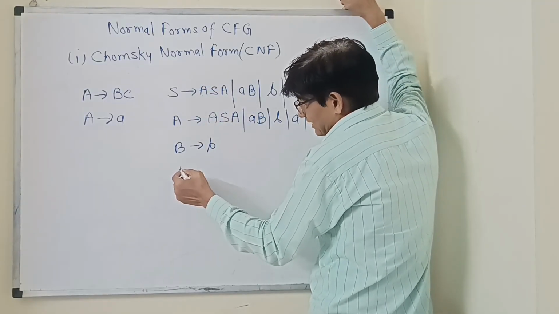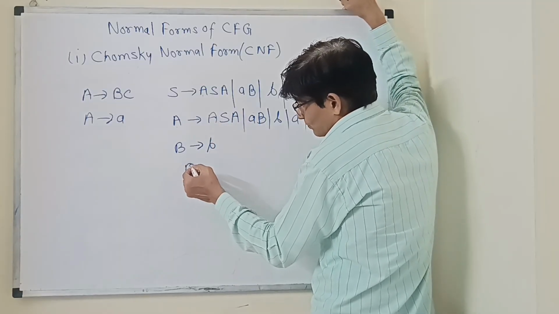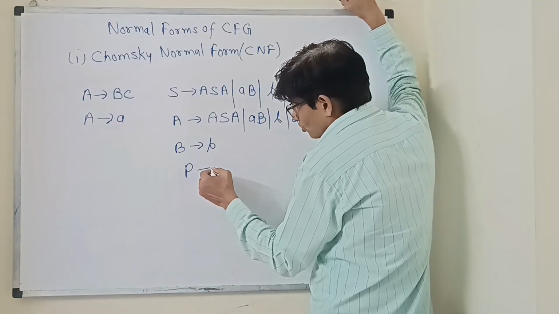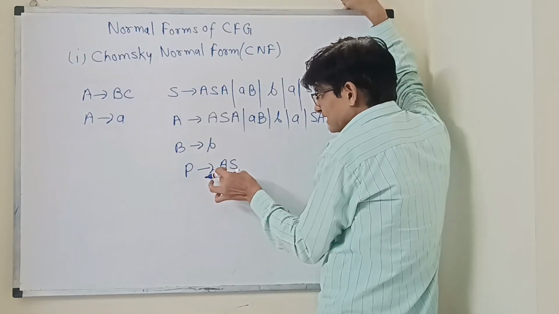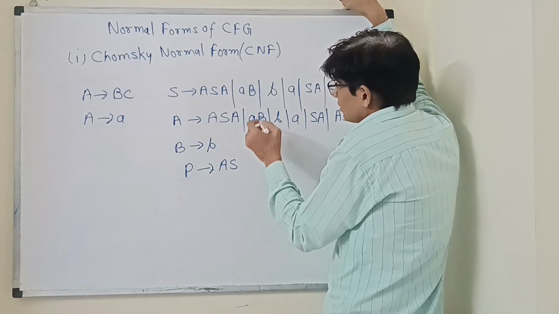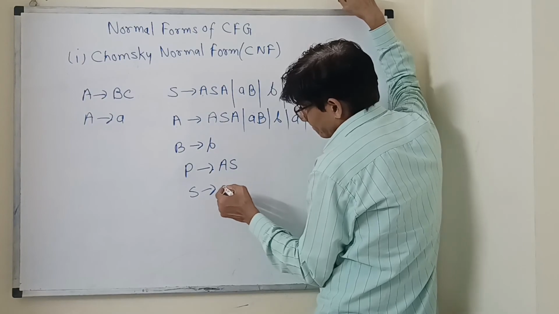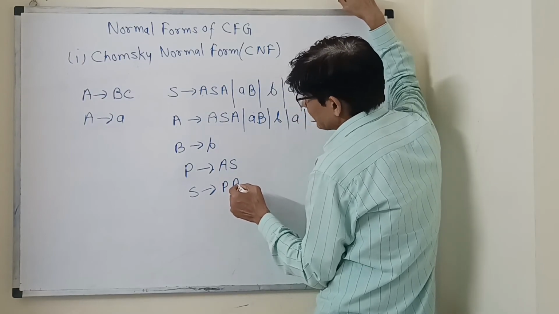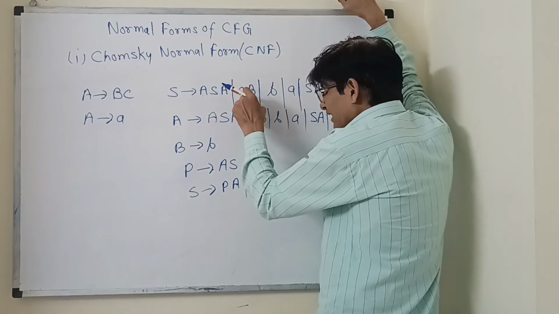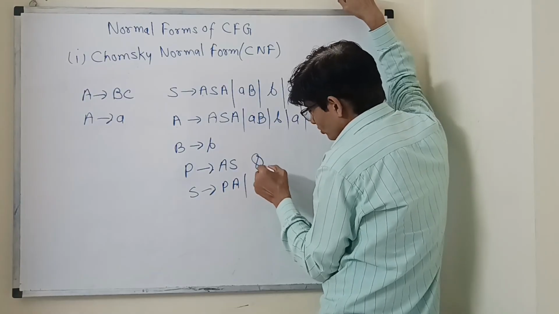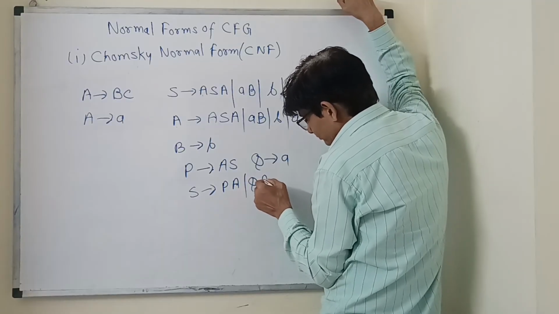I can use P, and P gives AS. Now if I replace this AS with P, this would be S gives PSPA. Then if I replace this A with Q, Q gives A, so now I can write it as QB.